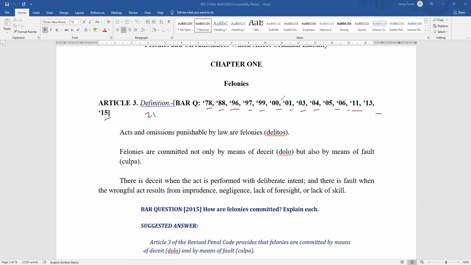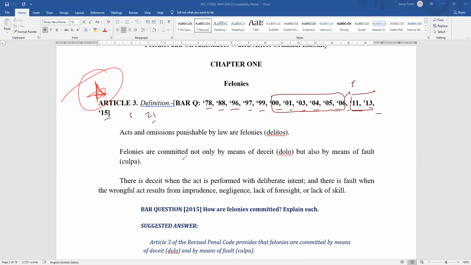Tingnan nyo dito siya, sunod-sunod, biglang tumalon. Nagkaroon ng gap dito ng ilang years. So 5 years. Ito 6 years. Most probably, this can be asked. Many times this was asked. Nakita nyo naman. So put a star on this one.